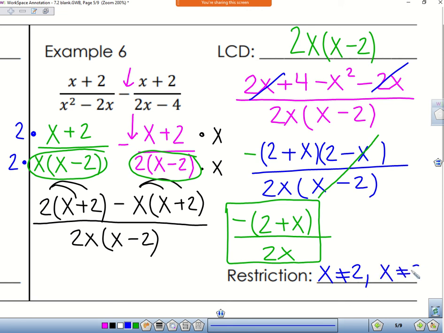If you were to have taken that whole thing and set it equal to 0, you'd have x equals 0. You would have had x minus 2 equals 0. You would have had 2 equals 0, and then you would have had x minus 2 equals 0. This one gets rejected. These both give me x equals 2. And this top one just gives us x equals 0. So those are our restrictions. I should have done it at the very beginning to remind you, but yeah, you always have to go back to its original factored form.